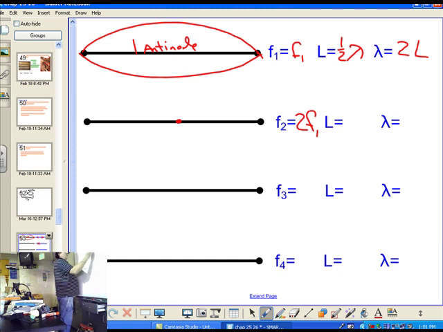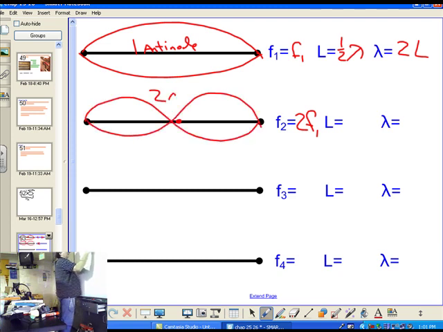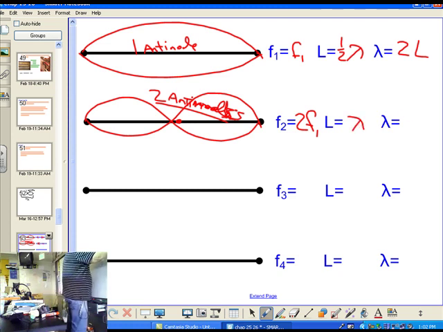Basically, we put a node in the middle, and we have two antinodes. So we've gone from 1 to 2. Now the length is one wavelength. Lambda equals L.